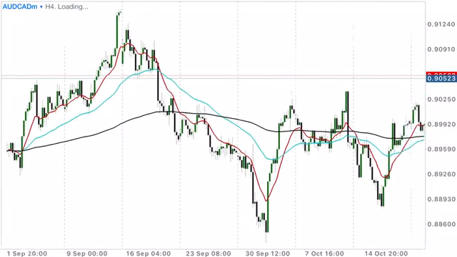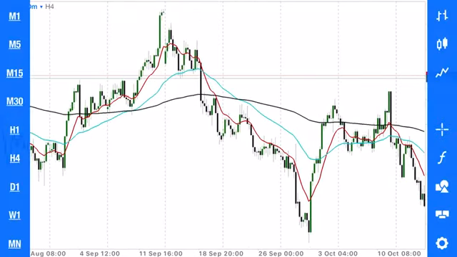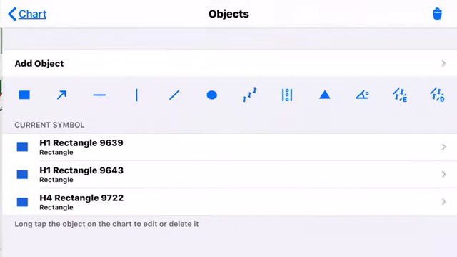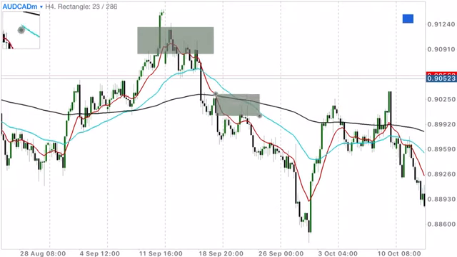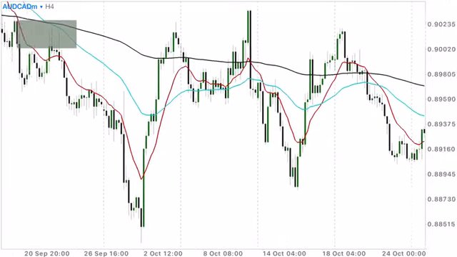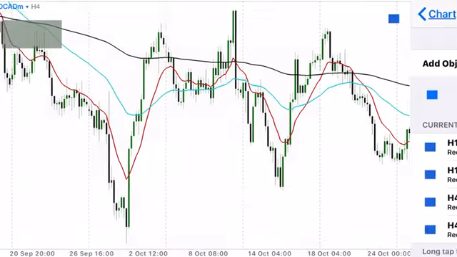If we come to H4, maybe right here, you realize that this is our peak, then you realize that this is our ID50. So in other words, first of all, identify the peak. Secondly, identify the EMA, then you identify the pullback. Look at that one. There is another ID50 there.